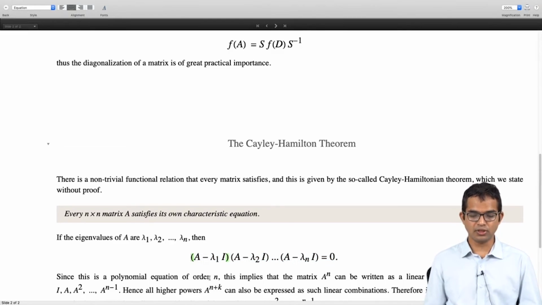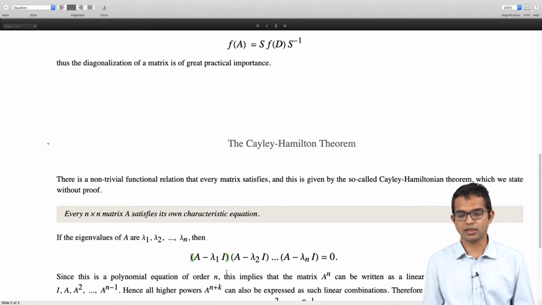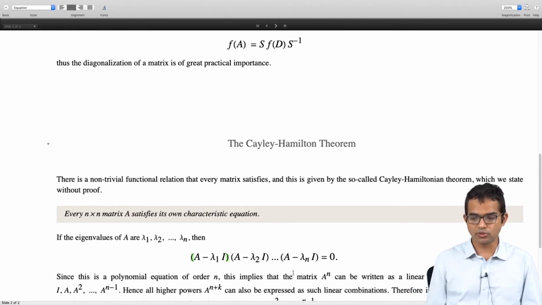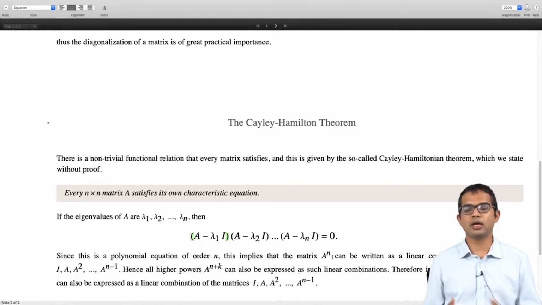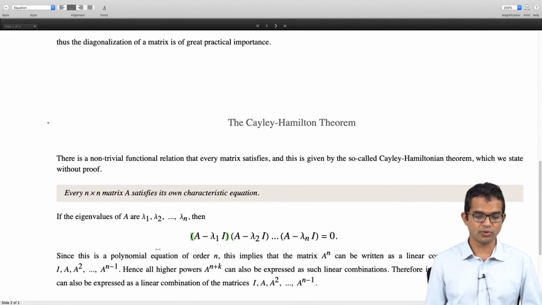Now this is a polynomial equation of order n, so this means that you can expand it out, like some coefficient times A to the n plus some coefficient times A to the n minus 1 plus some coefficient times A to the n minus 2, and so on, all the way down to some coefficient times I is equal to 0. Which means that you will be able to write A to the n as a linear combination of the matrices I, A, A squared all the way up to A to the n minus 1.